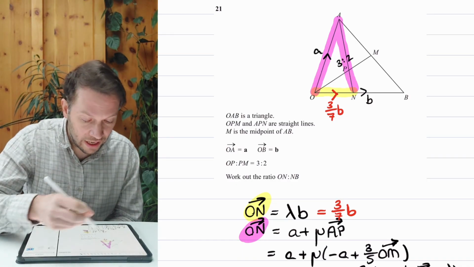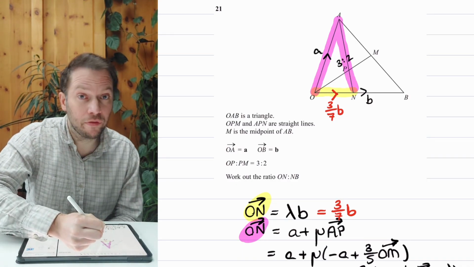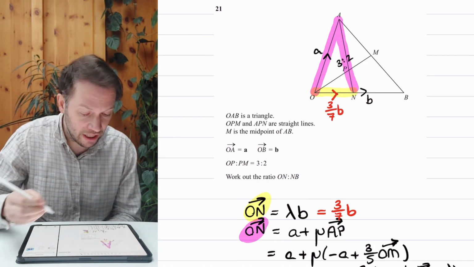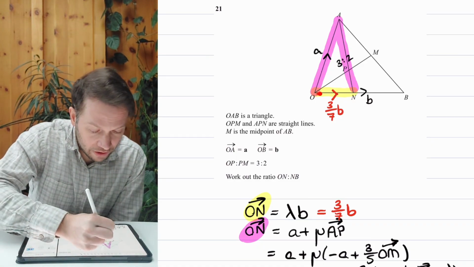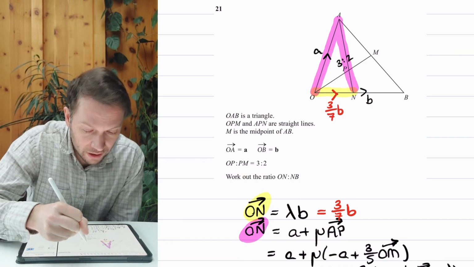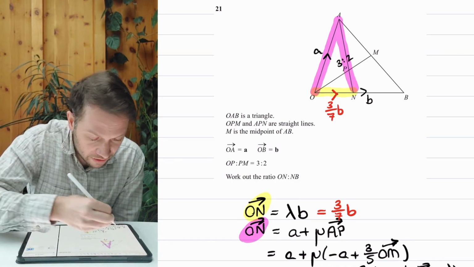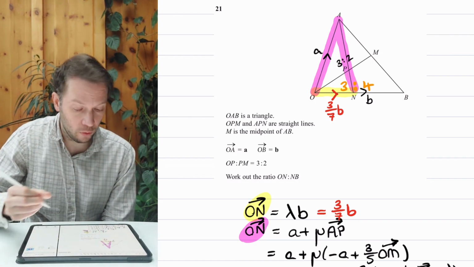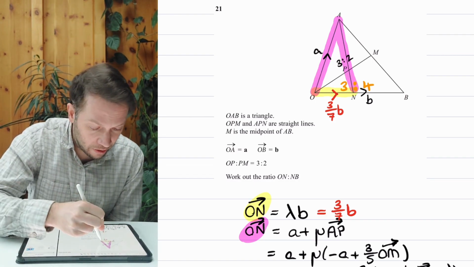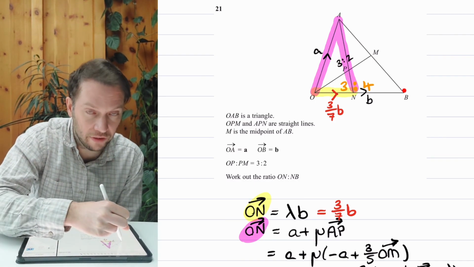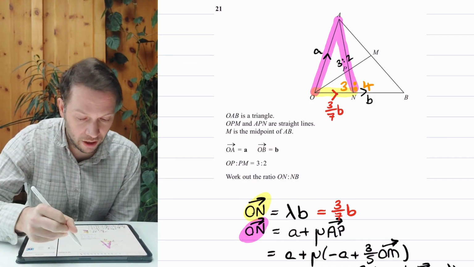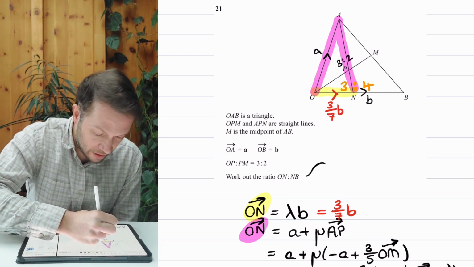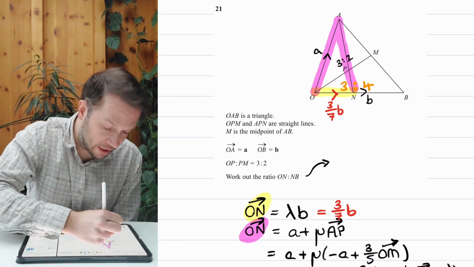So what we're saying is that to get from O to N, it's 3/7 of the way along from O to B. And then we can easily turn this into a ratio, because if this is 3/7 of the way, we could split this in the ratio 3:4.